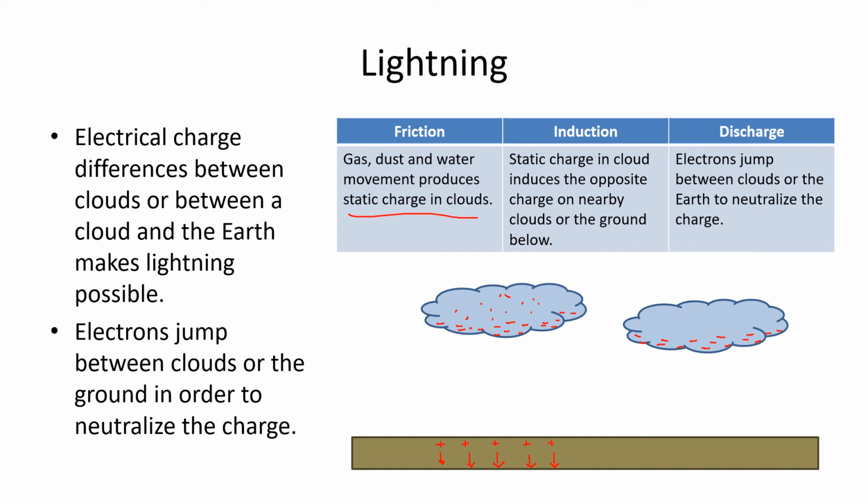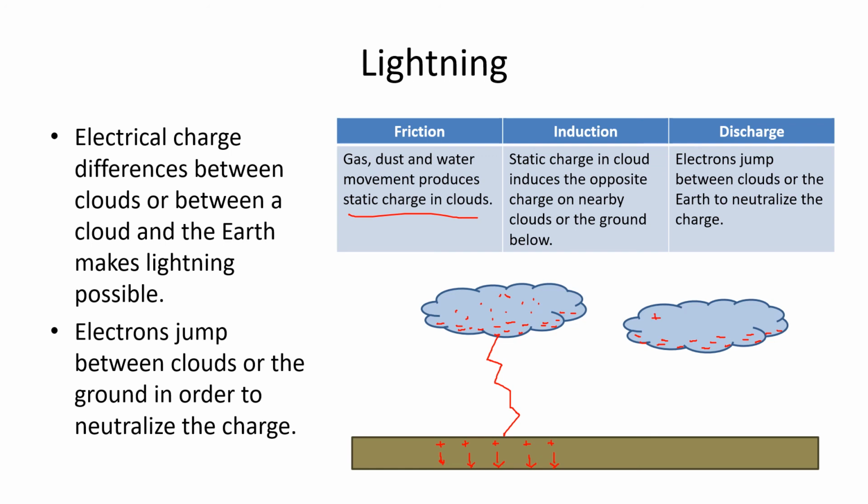So the stage is set here for some serious attraction between the negative charge of the cloud and now this positive charge that has been generated or induced below. So once that happens, the electrical discharge can occur where electrons hop from air molecule to air molecule in this sort of crooked pattern and eventually end up at the positively charged Earth.